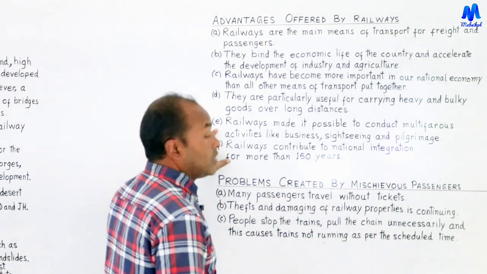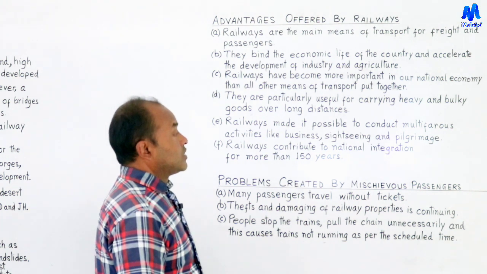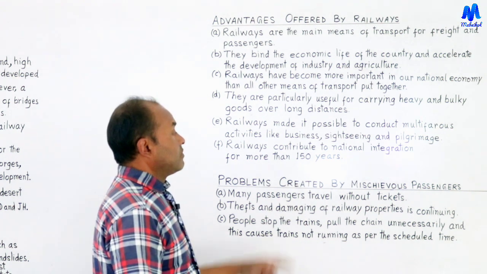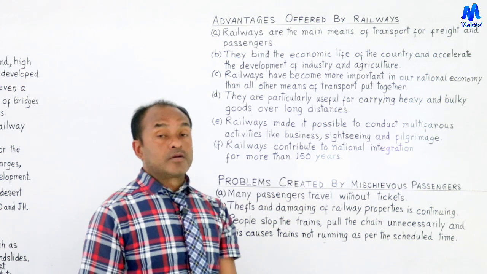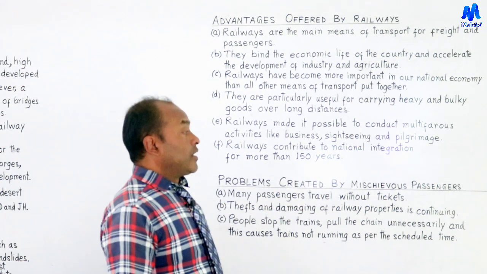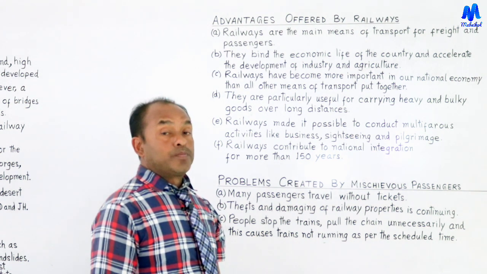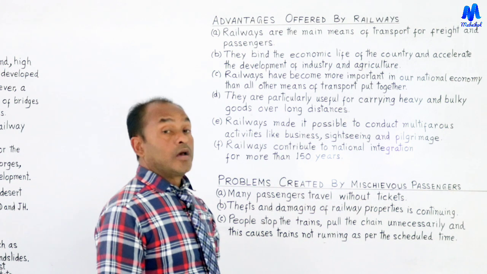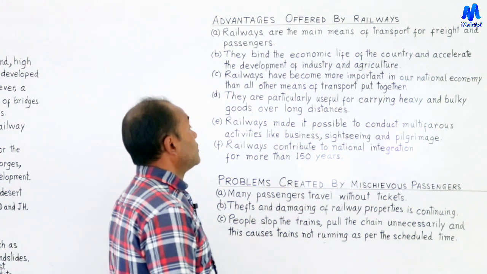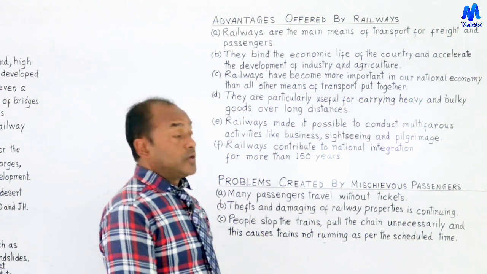Okay. In number E, railways made it possible to conduct multifarious activities like business, sightseeing, and pilgrimage. When people go on pilgrimage to Prayaga in Allahabad, most of them use railways.